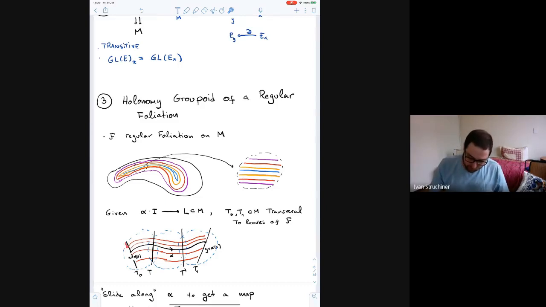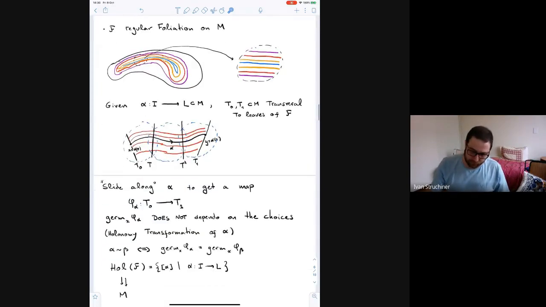And you get a map which goes from one transversal to the other, and you can compose them at the end to get a map from T0, the transversal at time 0, to T1, the transversal at time 1. So this map, which I called phi alpha, obviously depends on several of the choices that you made, the choice of the trivialization, the choice of the transversal submanifolds, etc. But its germ at the point x, which is the starting point of alpha, does not depend on any of the choices that you made.